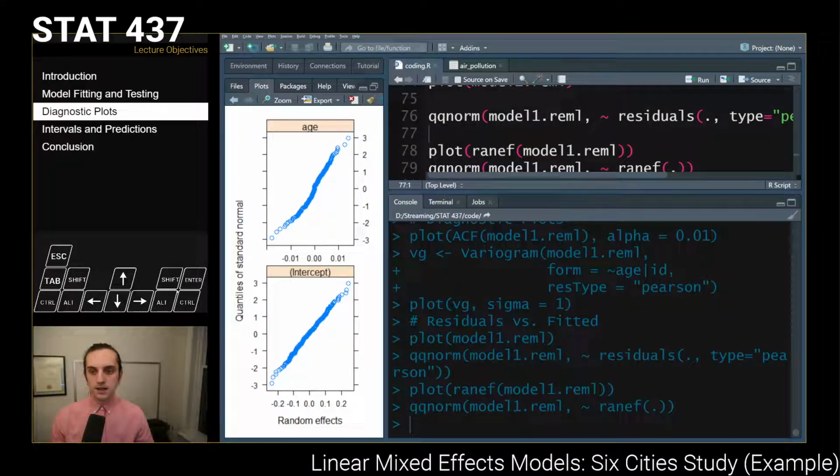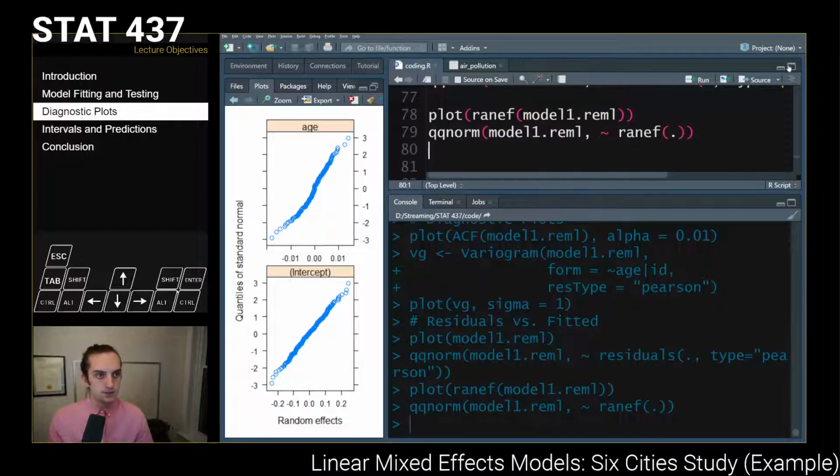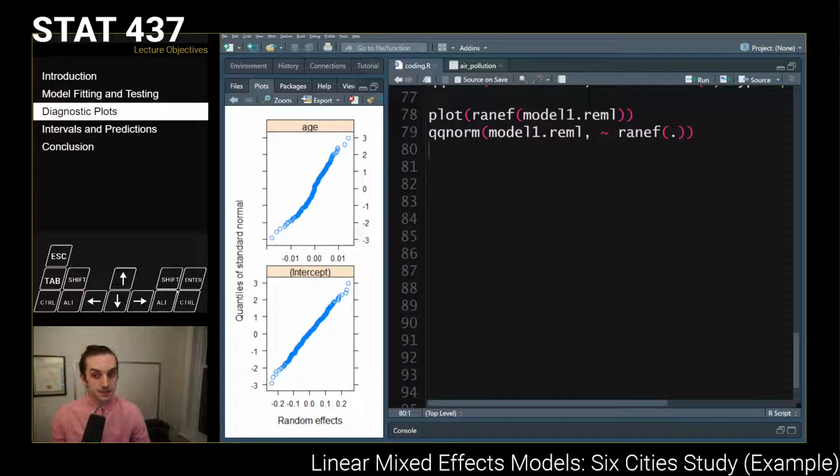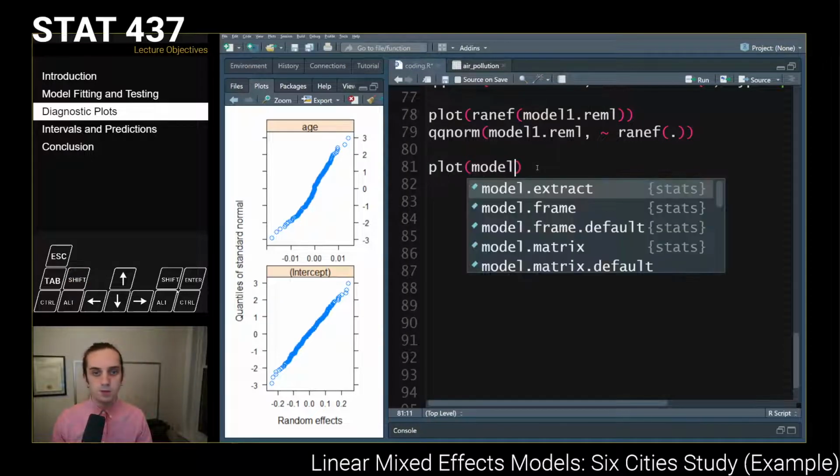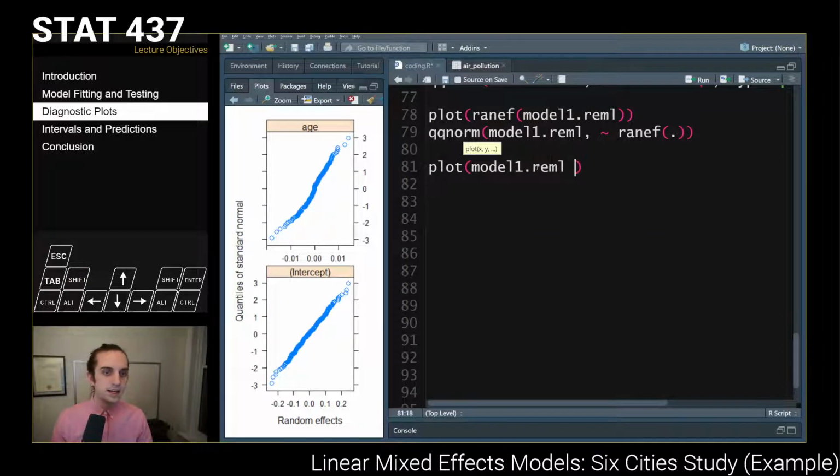Okay. Now, we could also make plots of the observed versus the fitted, or the observed versus the fitted by subject. You've seen these types of things before. So I can plot model1.reml, and maybe I want to plot the log of the FEV1 against the fitted values.